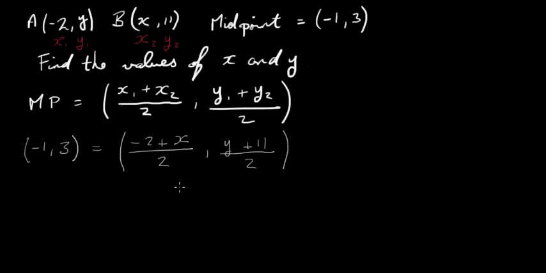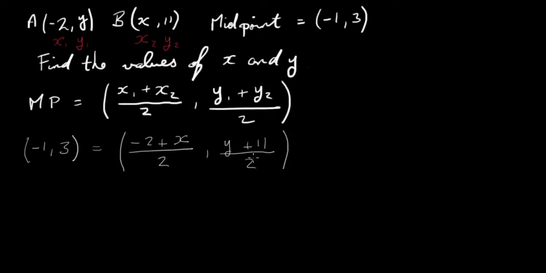What we've got to do now is take out the x parts from each side, take out the y parts from each side, form 2 equations and work out what x and y are. So in other words, this minus 1 is equal to this part here, and this 3, the y part, is equal to this part.